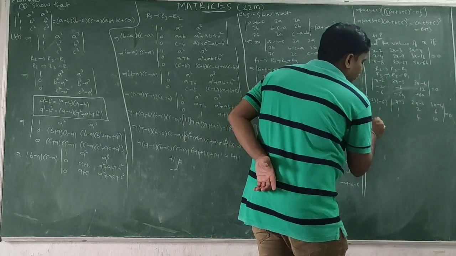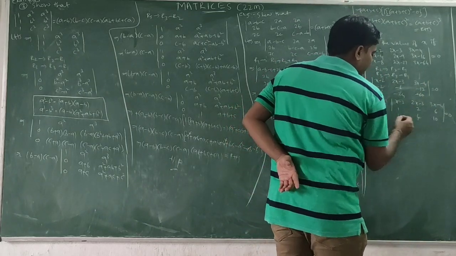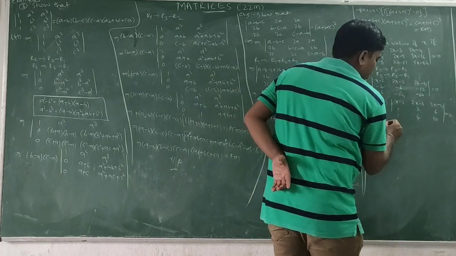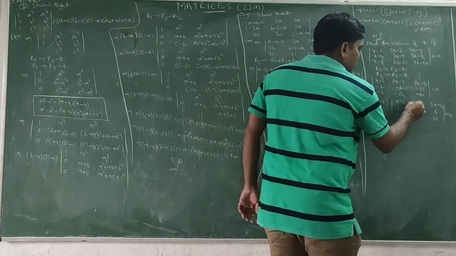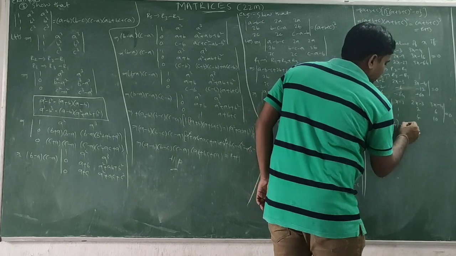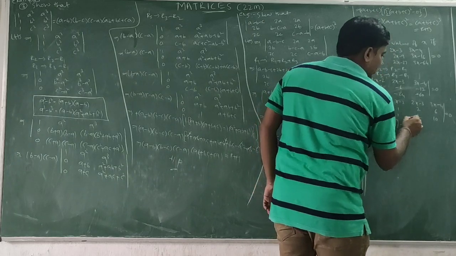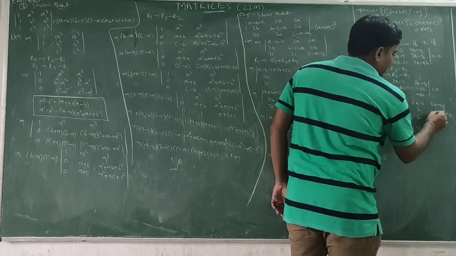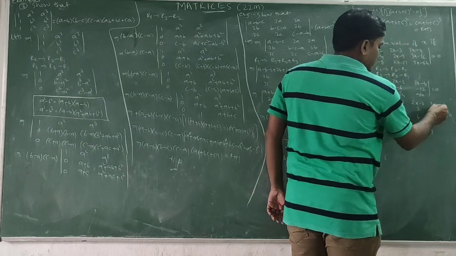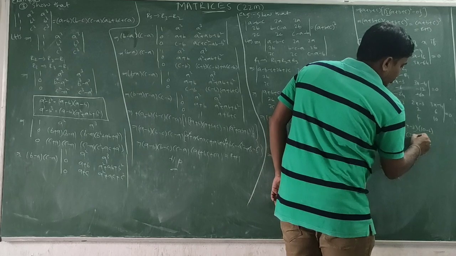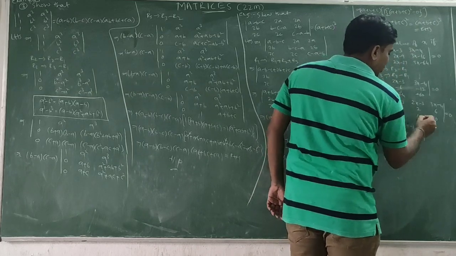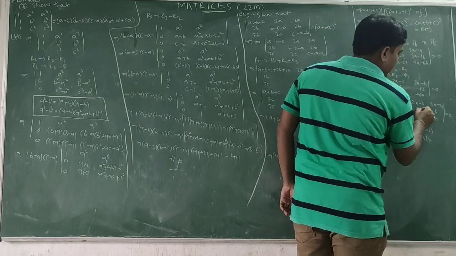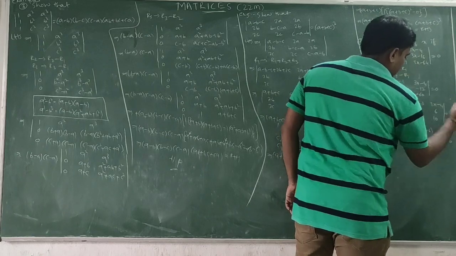x minus 2 of 2 into 10, 20, minus 4 into 6, 24, so 20 minus 24. Minus of 2x minus 3, changing the signs, of 1 into 10, 10 minus 6. Plus 3x minus 4 of 1 into 4, 4 minus 2, equal to 0.